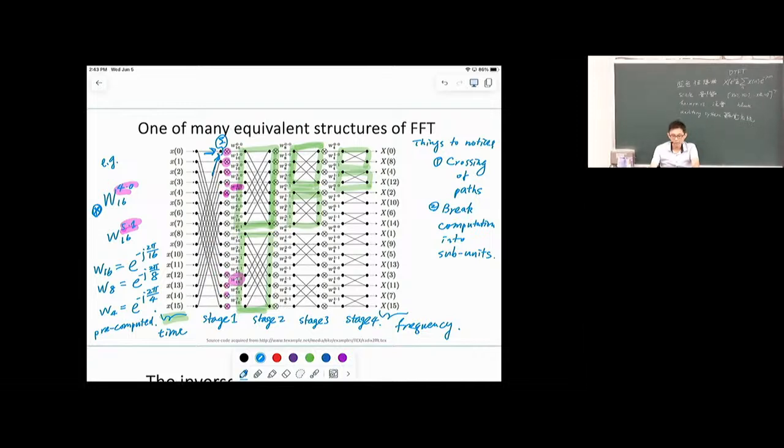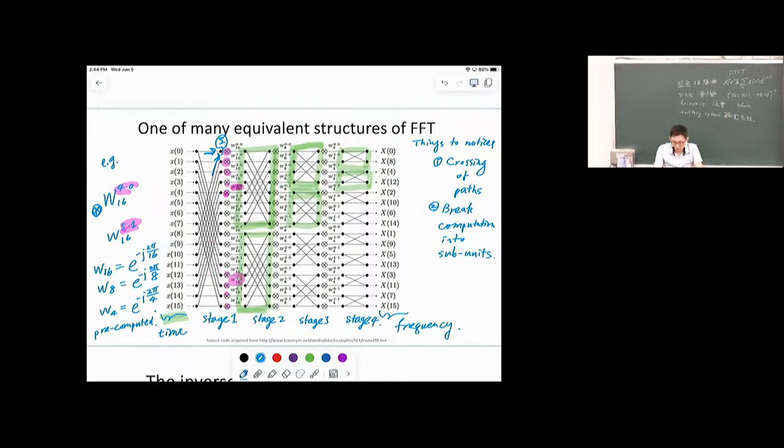So if you do that, no matter how many stages we have. If we start with a block of 16 samples, and we successively break our task into subunits, dividing by 2, for each further stage we divide our task by 2.